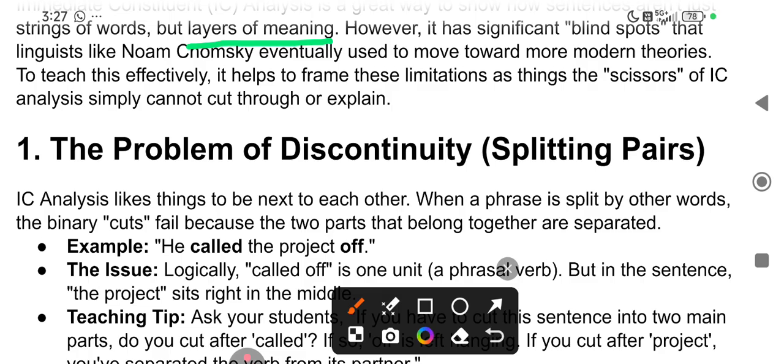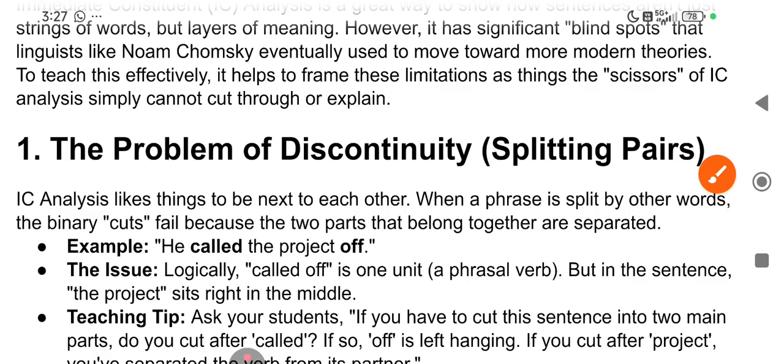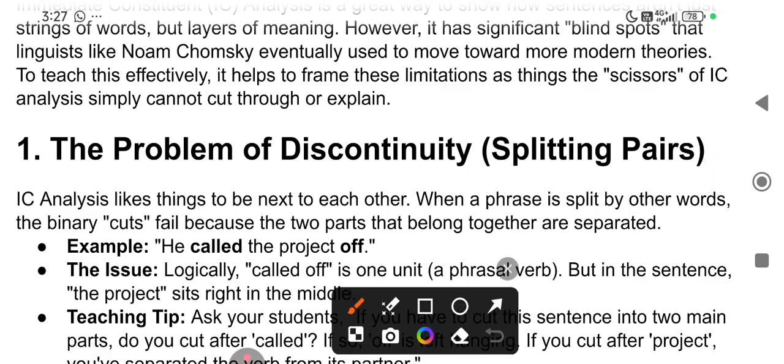However, it has significant blind spots that linguists like Noam Chomsky eventually used to move towards more modern theories. There are some blind spots because we are not able to see the layers of words clearly, and we are not able to analyze them at some point.